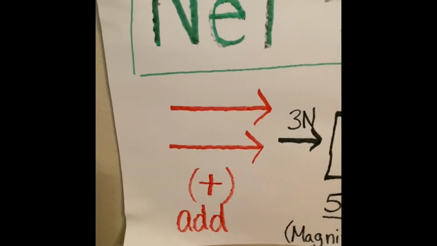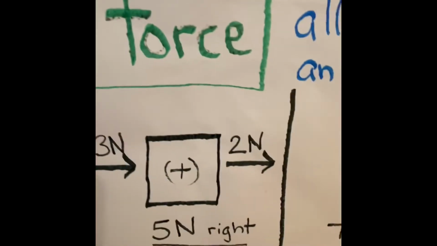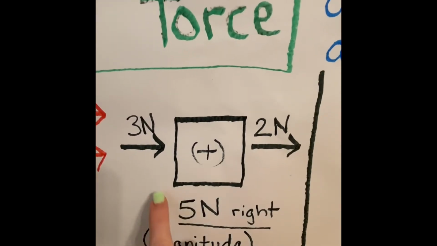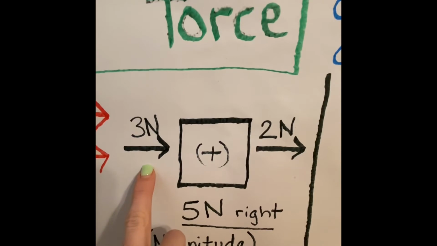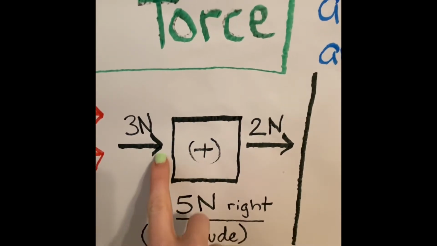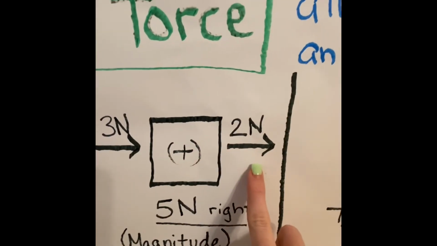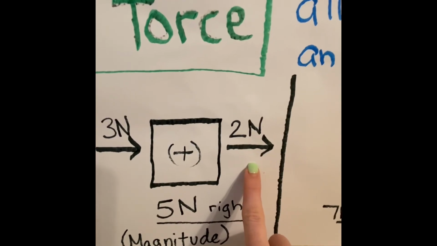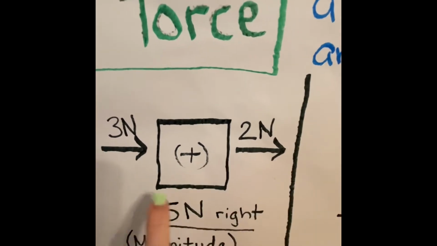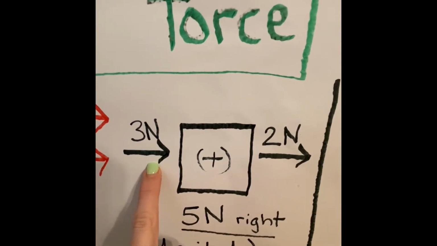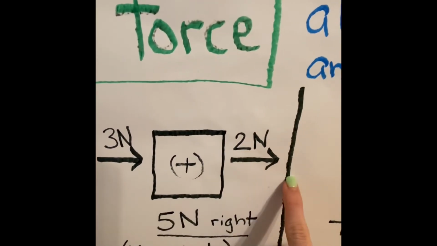If we're going to add forces, we'll work with this box right here, because the forces are going in the same direction. I have 3 newtons to the right applied on this side of the box, and 2 newtons of force also applied to the right on this side of the box. This force is a push and this force is a pull.